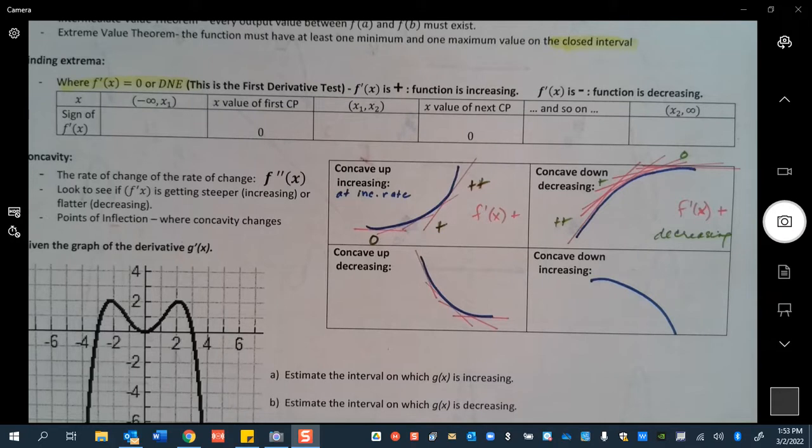So looking at the slope and the behavior of my graph is one thing. Looking at the sign of my tangent line is another thing. Look at whether that sign and how it's changing. If I'm concave down, but my line is getting steeper and steeper and steeper.